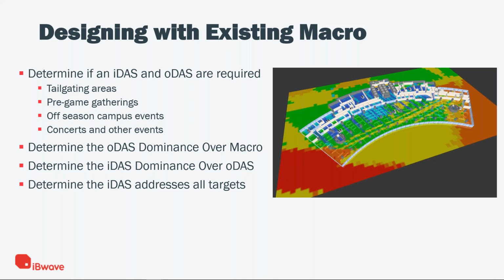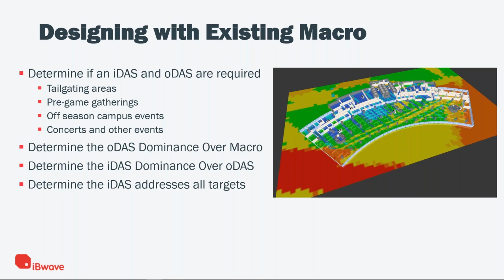But in cases where you're talking about a business, that may not be as much of a concern where events are seasonal. But definitely the determination and awareness of coverage and its impact needs to be considered when it comes to determining the ODAS dominance over the macro coverage, making sure that your traffic is being offloaded where you intend it to be, determining the IDAS dominance over the ODAS when you're working with all three, a macro, ODAS, and IDAS.